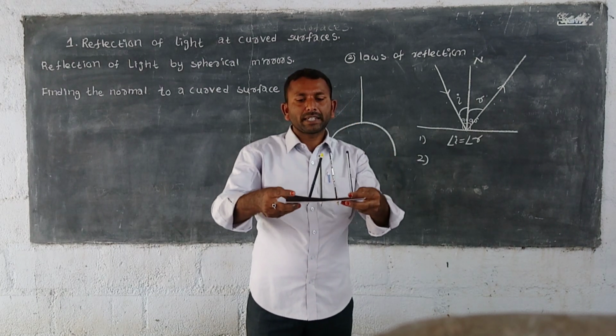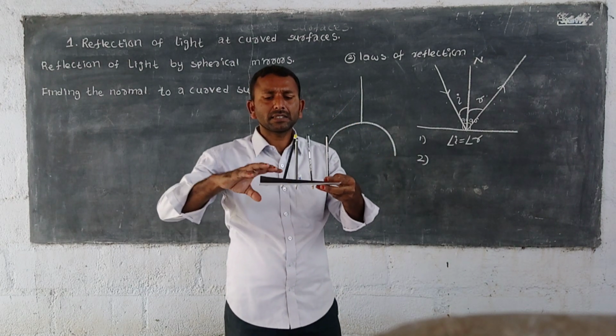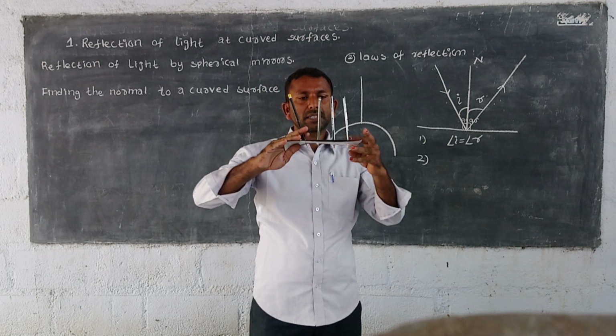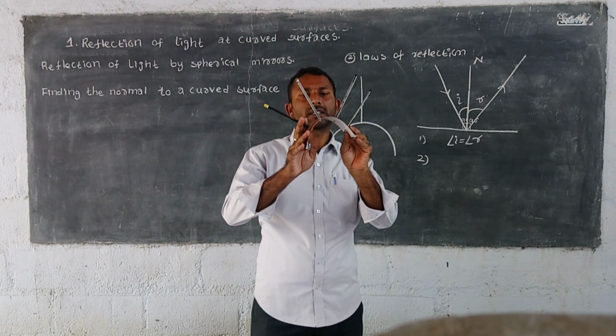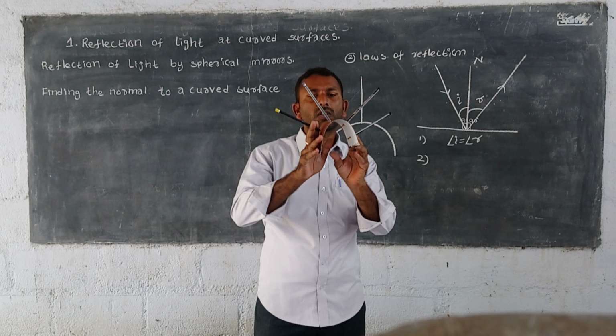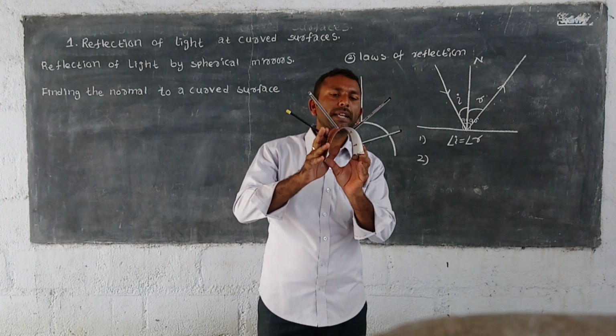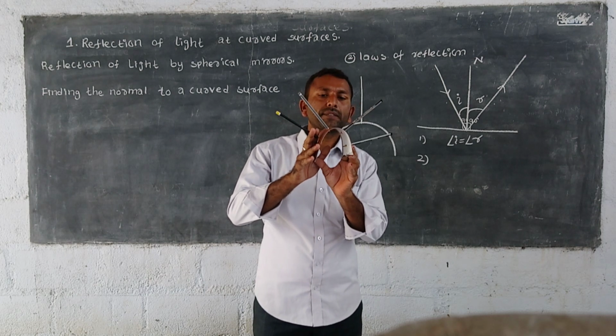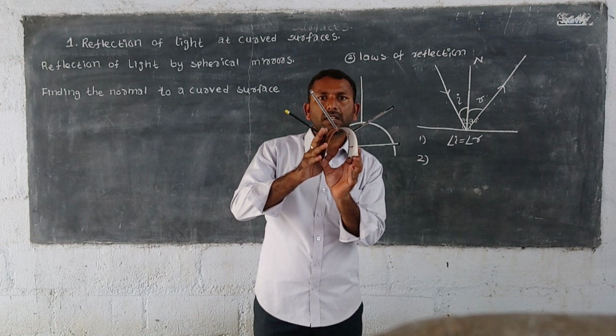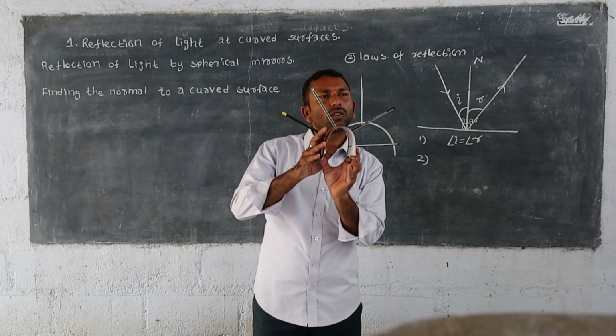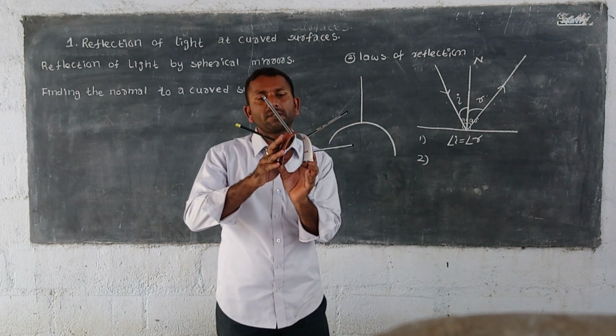Okay, and in the second case, now bending the foam in the outward direction. Now you can observe what is happening here. Though the pencils are moving away from the surface, they are not converging, they are going in their original way.